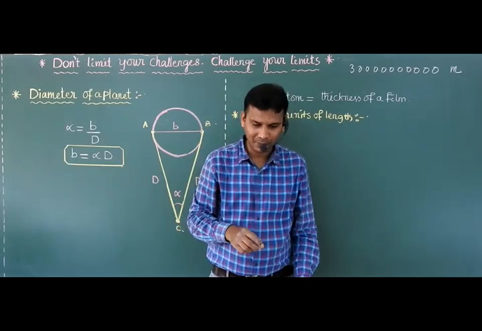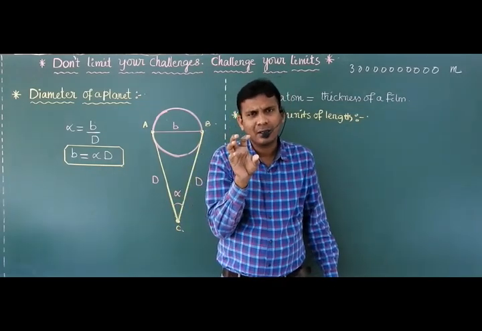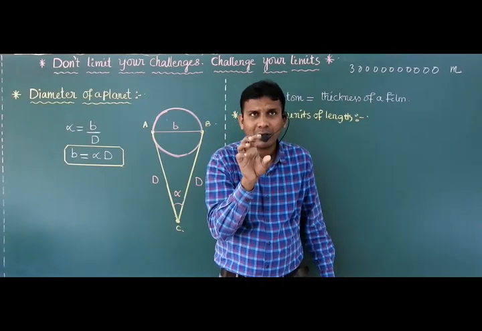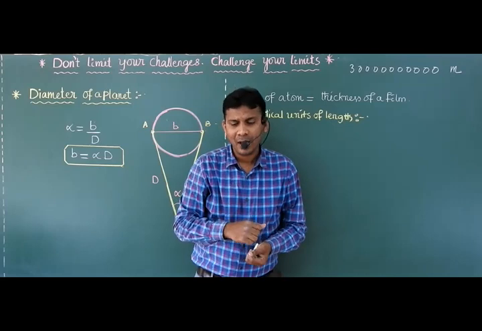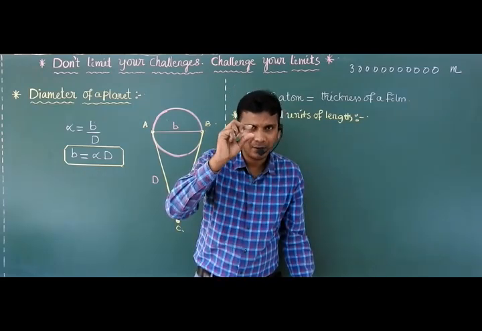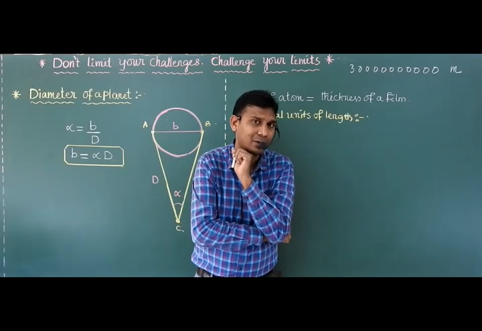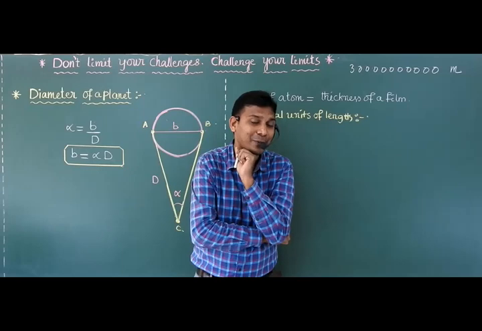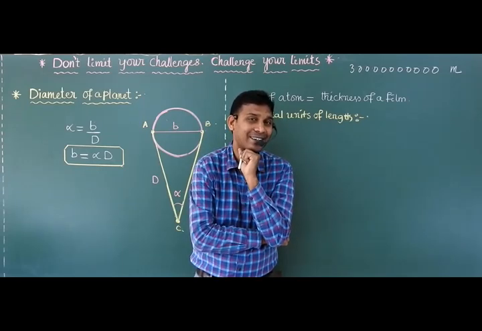I will give one more example. I want to calculate the diameter of an orange fruit. Yes, it is possible. I want to calculate the diameter of a marble of this size. Yes, possible. But I want to calculate the size of a proton, neutron, nucleus.